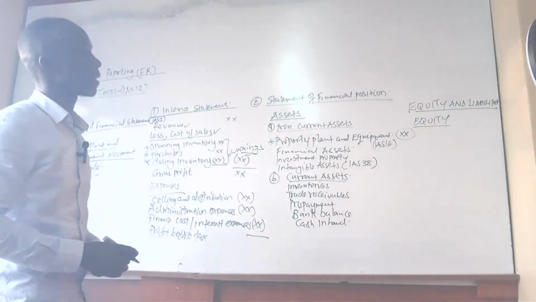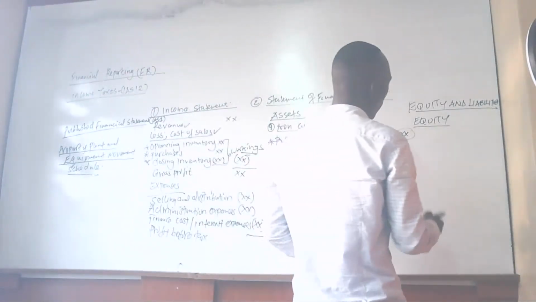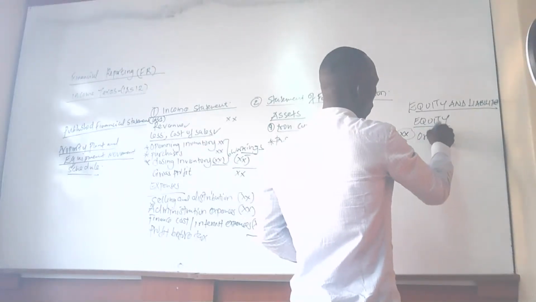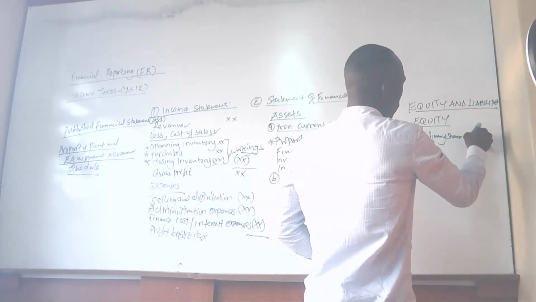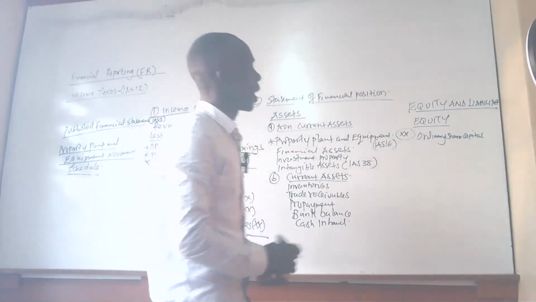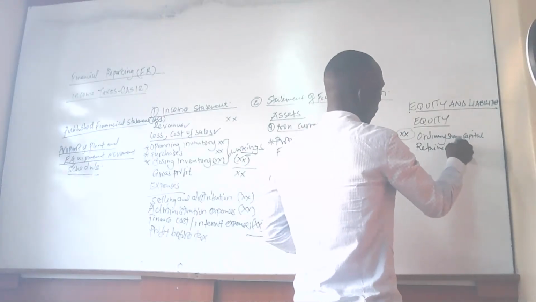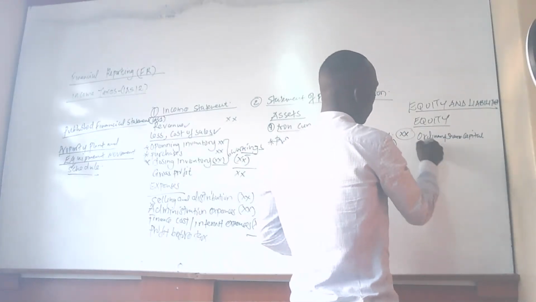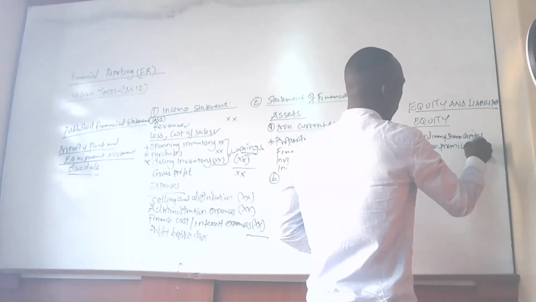When we discuss the equity, we are going to look at, number one, the ordinary share capital. Then from ordinary share capital, before the retained earnings, we can talk about the share premium, in case we have the share premium.